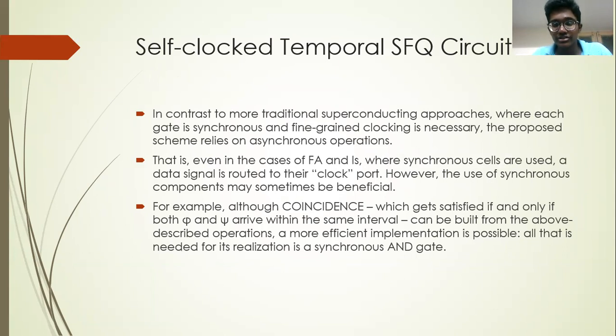However, the use of synchronous components may sometimes be beneficial. For example, although coincidence, which gets satisfied if and only if both inputs arrive within the same interval, can be built from the above described operations, a more efficient implementation is possible. All that is needed for its realization is a synchronous AND gate.